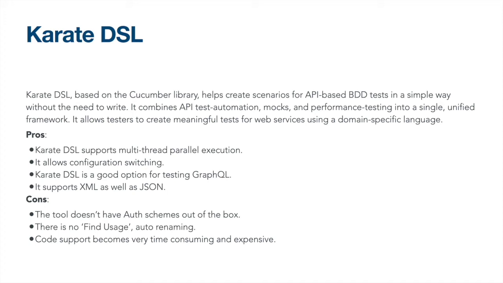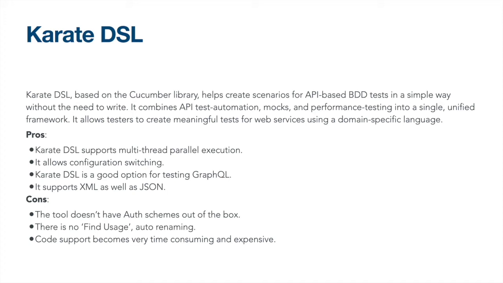Other things you can directly verify: your schemas, your requests, your responses. As part of a schema you can verify what kind of data you should get in the response. Is it an object, or a message, or a string, or whatever?